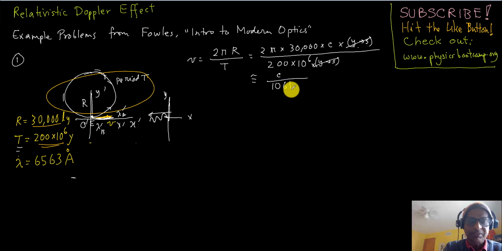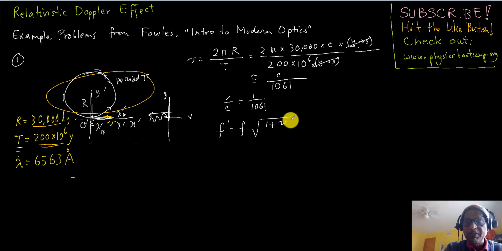It's pretty fast, about 1,000th of c, so we need v over c, which is 1 over 1061. For frequency, f prime is the square root of, and because this is coming in, the frequency will have to go up, so this will be 1 plus v over c over 1 minus v over c.